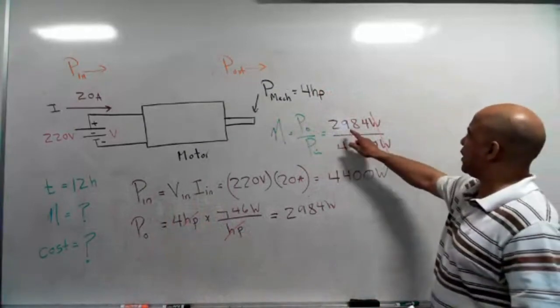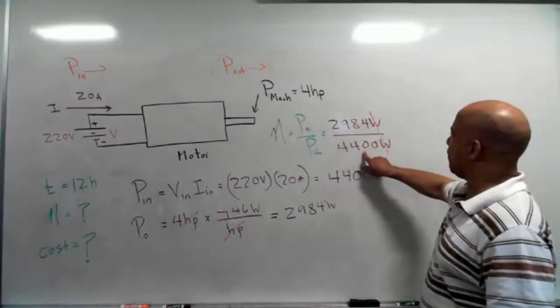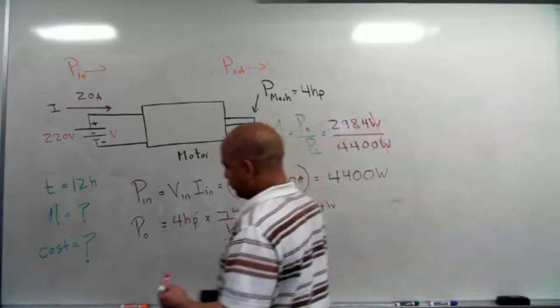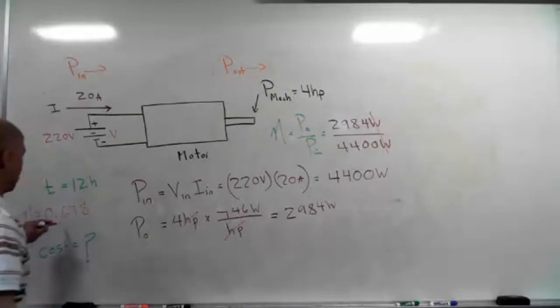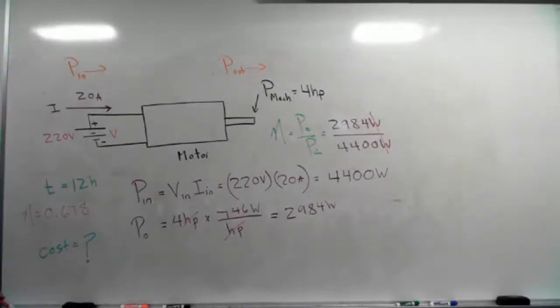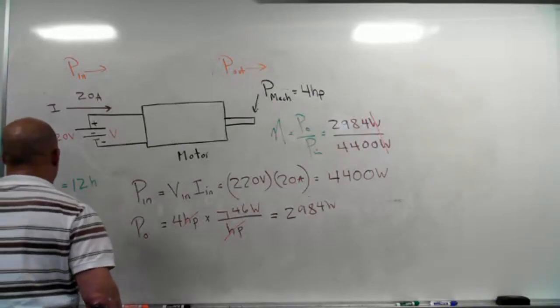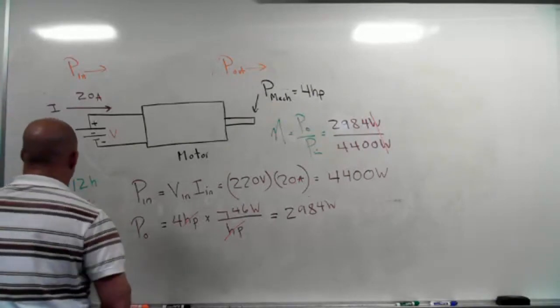So if you take 2984 divided by 4400, how much is that? 0.678. Is that what you said? 0.678? Yes, correct. So it's going to be 67.8% efficient.